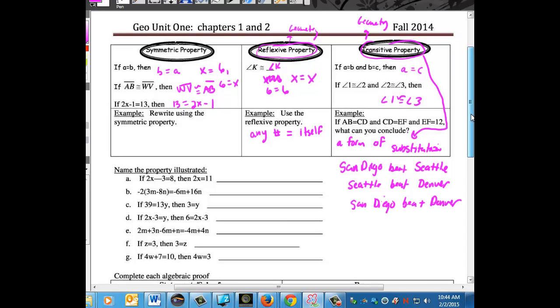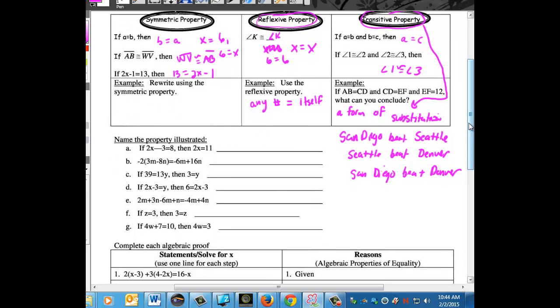Working down below, these are easier type problems. We have in algebra problem 2x minus 3 is equal to 8. Clearly we're going to add 3 on each side, get 2x equal to 11. This is the addition property. Next we're going to use the distributive property. And how so?